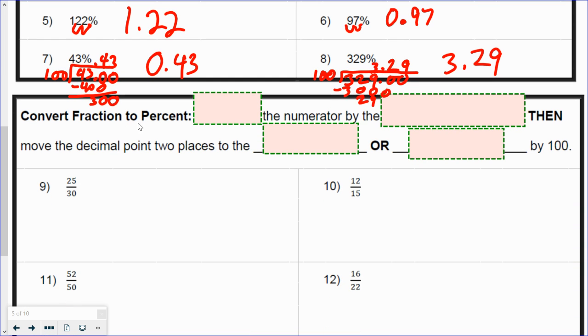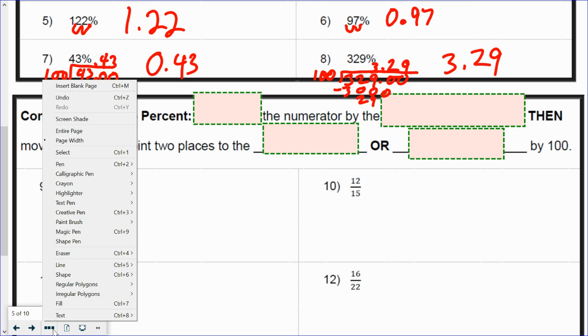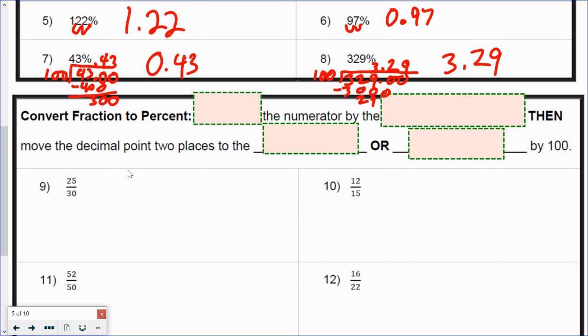Convert the fraction into a percent. All right, fractions. I know that is not our biggest fan right now. Okay, but we have fractions. They're a huge part of life and we have to deal with them.